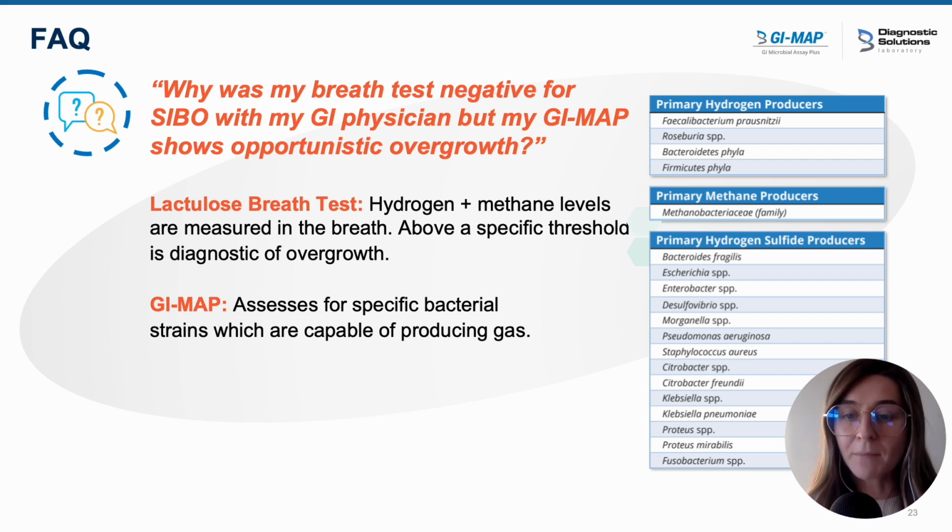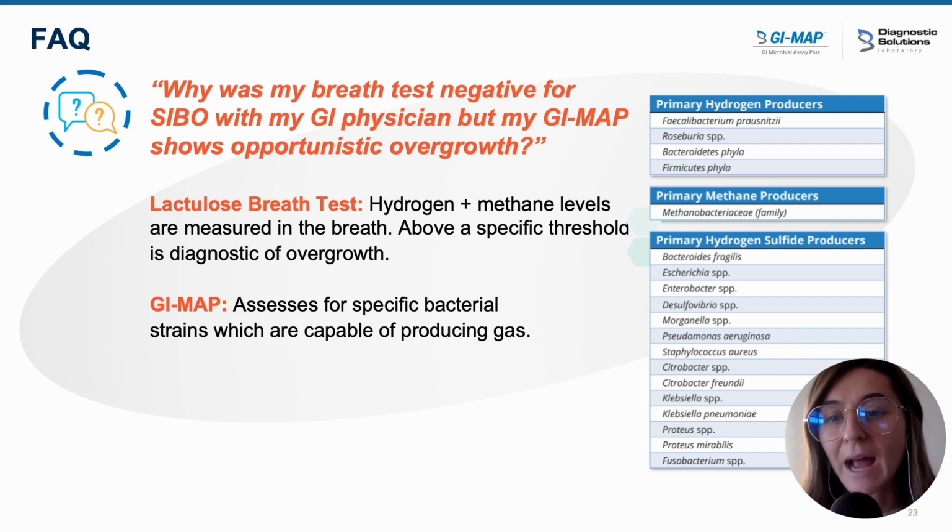So with the GI map, you can diagnose someone with dysbiosis, but you would have to send them for a breath test to confirm SIBO. Okay, so the GI map is not looking for gas, it's looking for specific species that produce gas. And I've included a table here that shows you the GI map is assessing for these specific strains and then what gas do they produce.